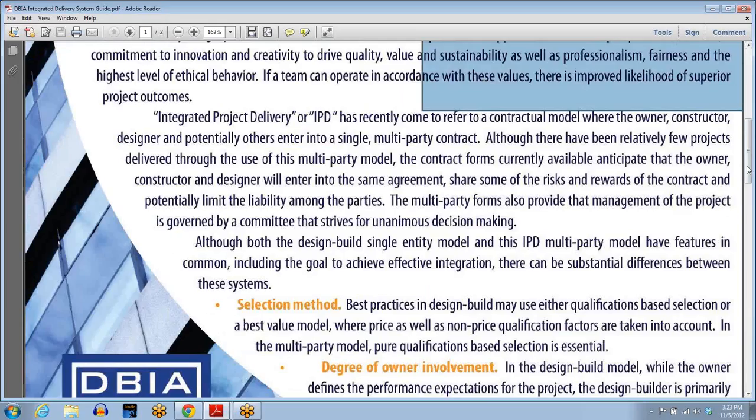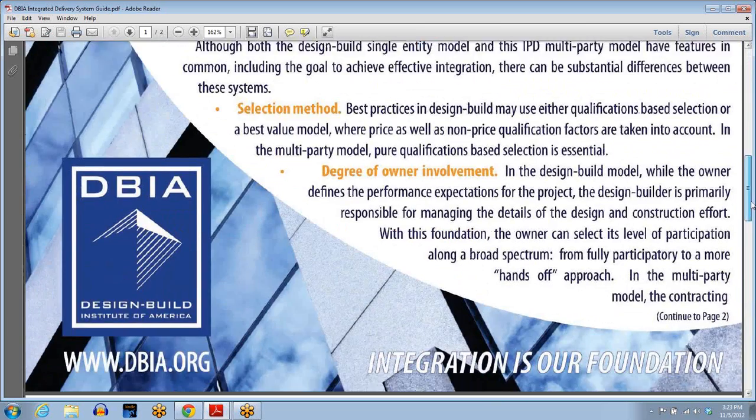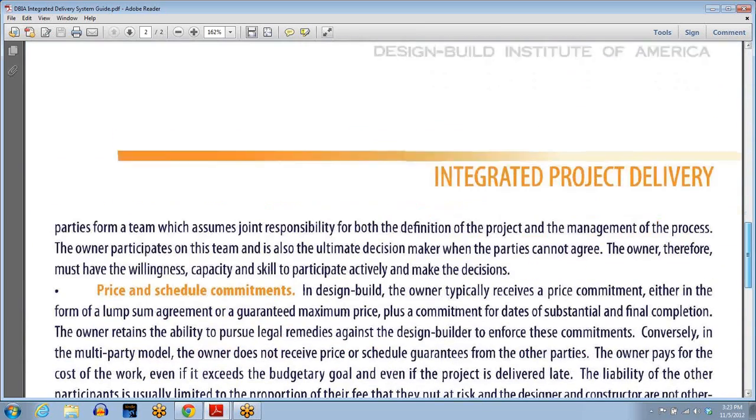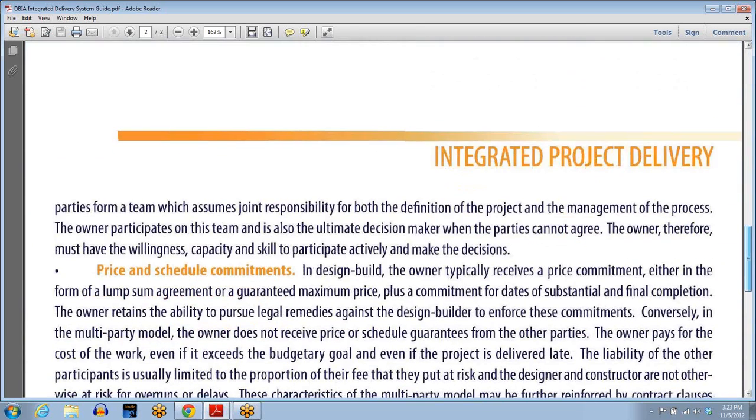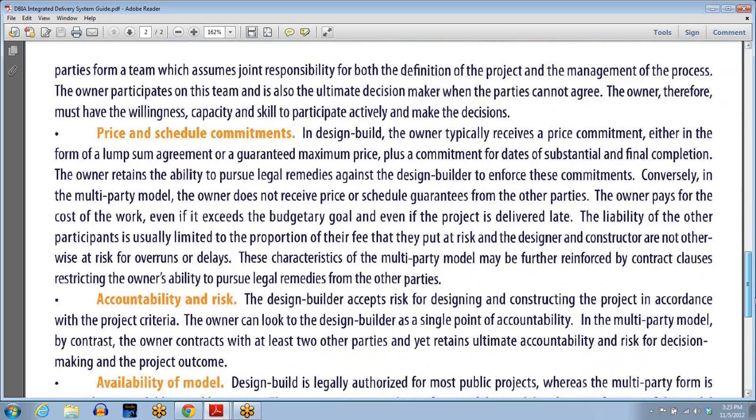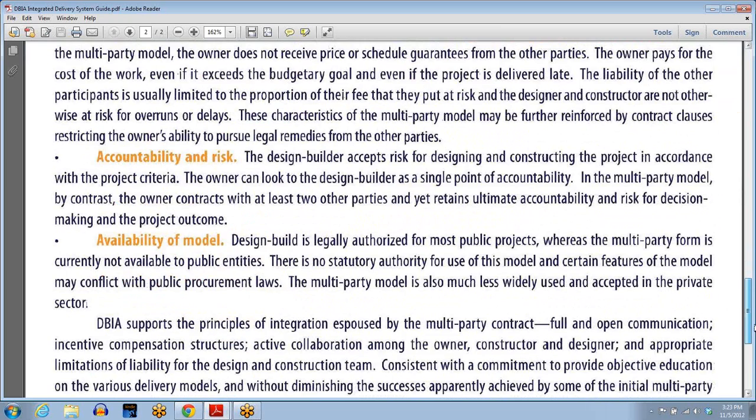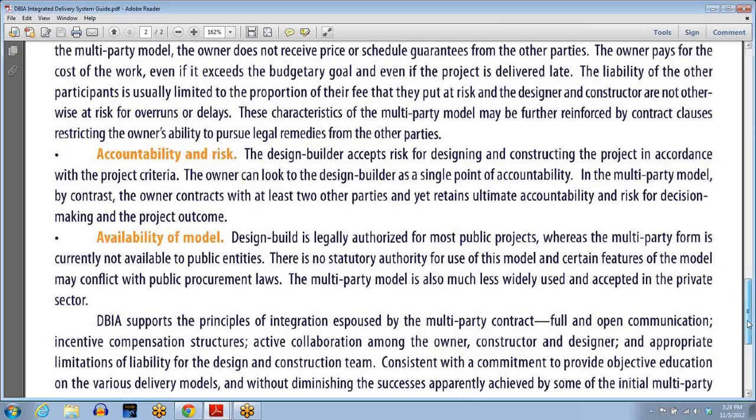In these pages, they talk about blending together the different industry professionals on the front end, which can be more of a challenge when a design builder is providing both the architect and the construction, to be willing to let someone else come in that they're not controlling, because one of the benefits of design build is to have one party responsible for both the design and the construction, and that's a positive, a pro.